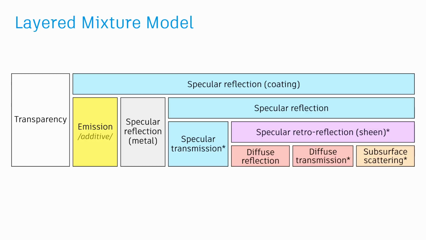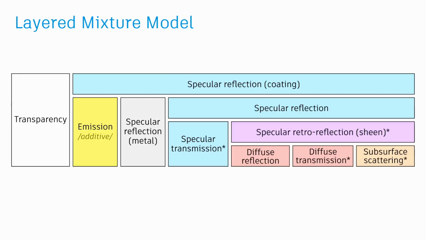And the whole model is what we call a layered mixture model. So you can see that some layers are under each other, and some layers cohabit at the same level. When a layer cohabits at the same level, we call that a statistical mixture. So you have to imagine the material as having flakes of one property and flakes of another property, and those are mixed at the same level.